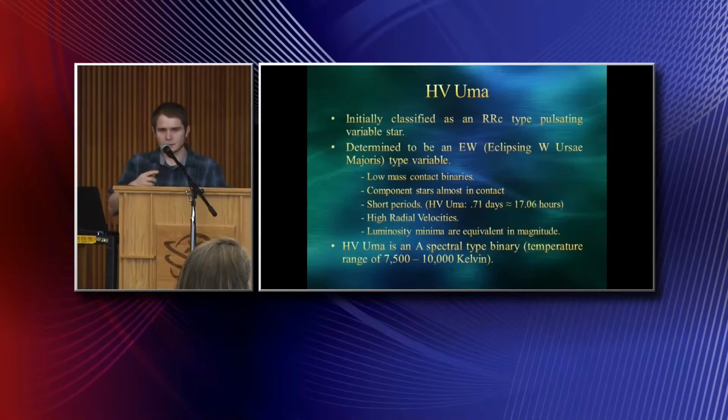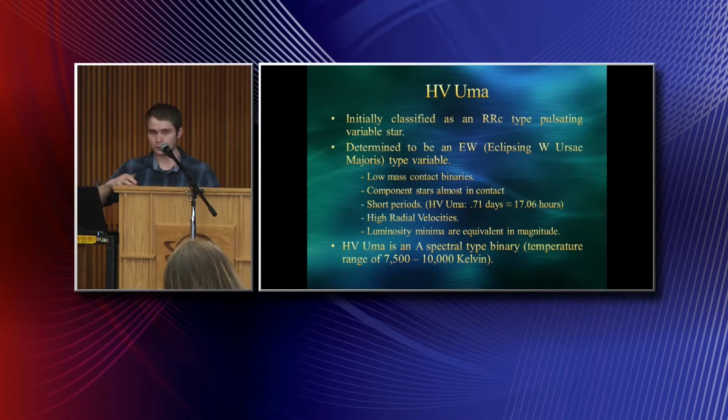So in my star system, HV UMA, it was initially classified as an RRc pulsating type. It was relatively recently determined that this classification was wrong. So through photometric and spectroscopic analysis, they determined that it was actually a low mass contact binary, which is a very rare category for stars.